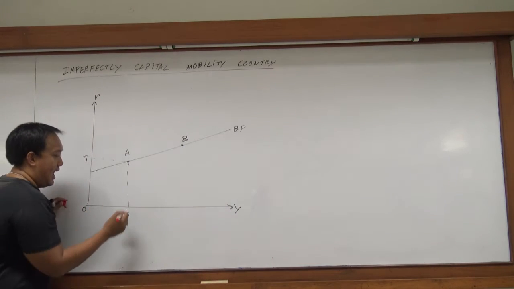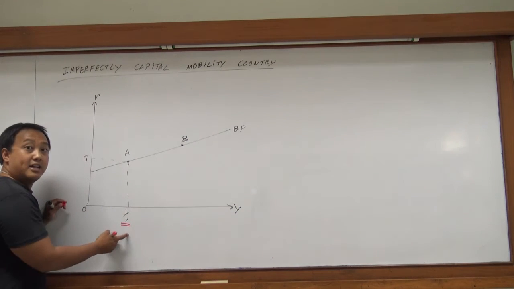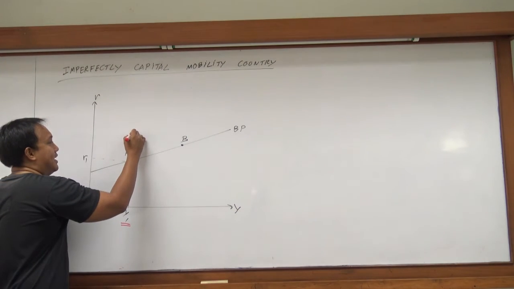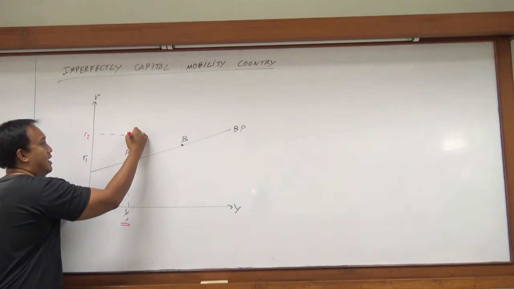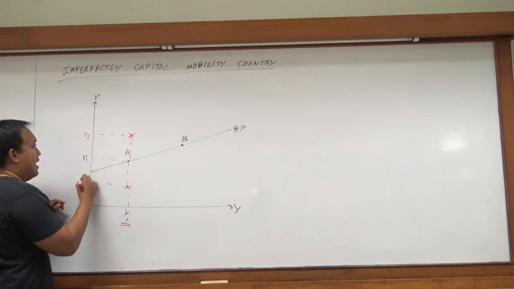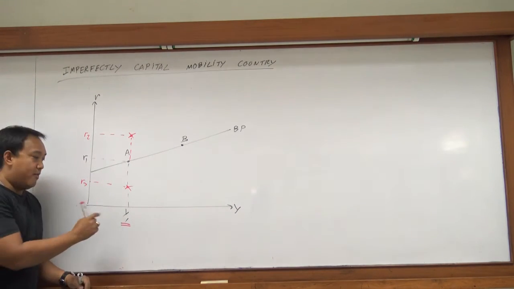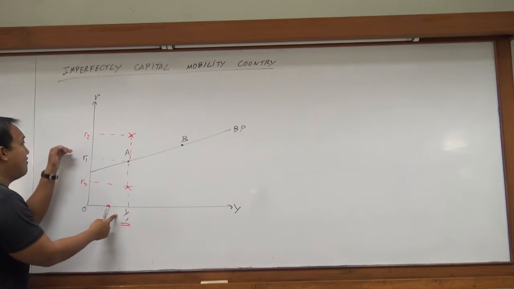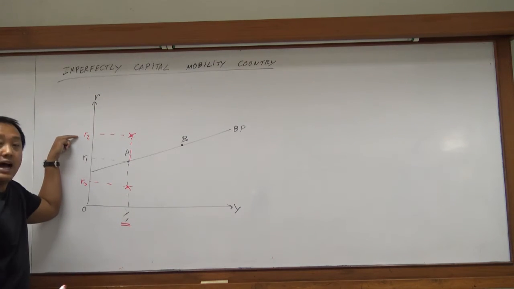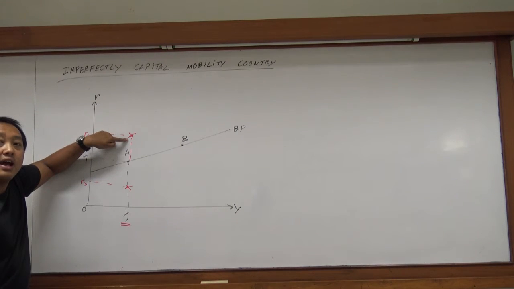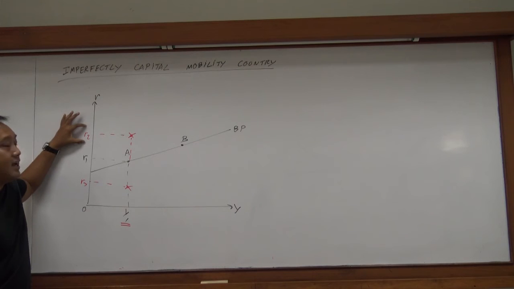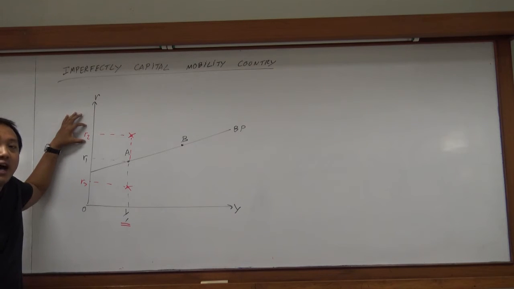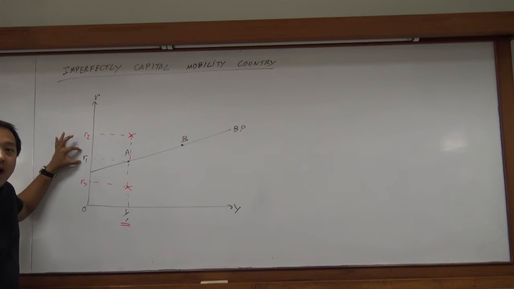On the other hand, at GDP Y1, if the interest rate is too high, for example R2, or too low, like R3, then at the level of GDP Y1, if your country has a higher real interest rate, too high, R2, point X here, above the BP curve, it means that the real interest rate in your country is too high, higher than normal, higher than usual.